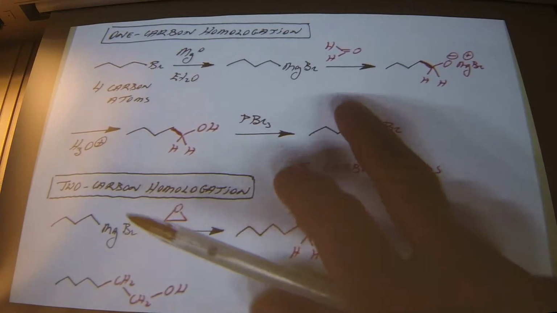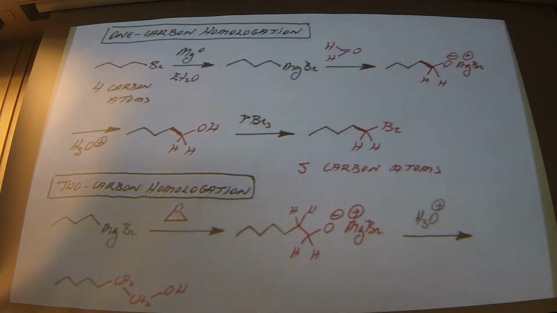And we talked also about one and two carbon homologation reactions. Recall that if I start out with an alkyl bromide of a certain fixed length, I can extend that chain by either one carbon atom or two carbon atoms, just by converting the bromide to the Grignard, then allowing it to react either with formaldehyde, one carbon, or ethylene oxide, two carbons.